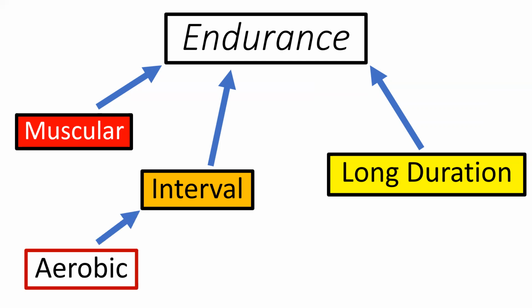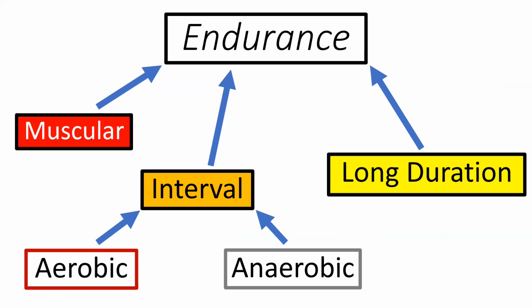It can be either aerobic interval endurance, so longer durations where we're working hard aerobically, recover, aerobic power, recover, or we can look at it anaerobically, where we're doing anaerobic outputs, recover, anaerobic outputs, which is really going to be the major piece for most of our sports: anaerobic interval endurance. Each of these factors can contribute to each other, but anaerobic interval endurance is probably going to be the one that transfers the most to most field and court sports.